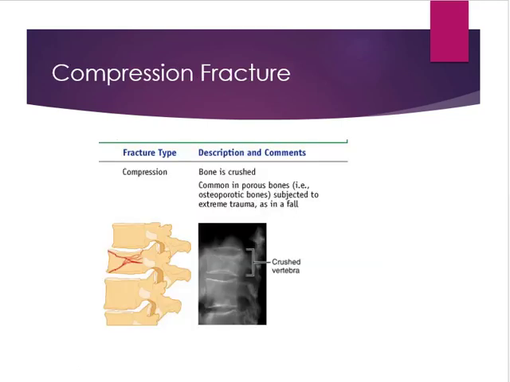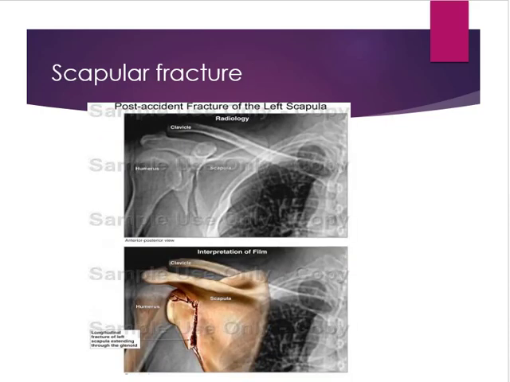We have compression fractures where we have crushed vertebra, and you can see this here on radiology and then here also on the diagram. This is a picture of a fracture of a scapula, so you can see how this part of the scapula has been fractured and then what it would look like here in the x-ray.